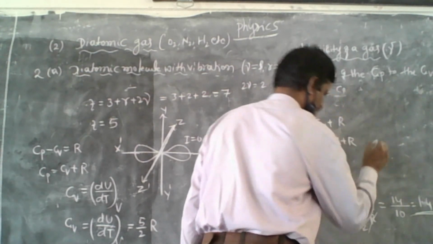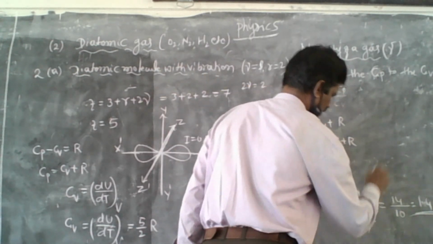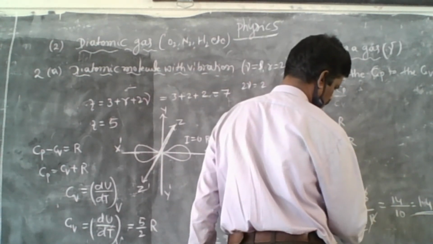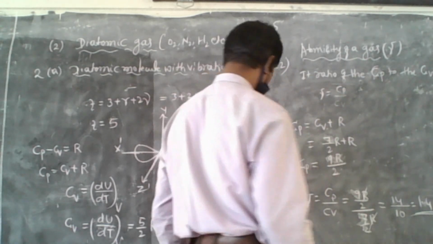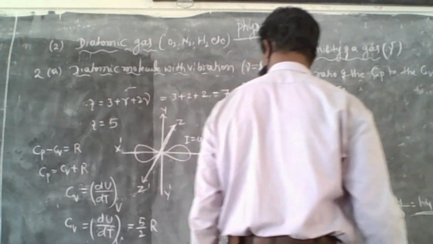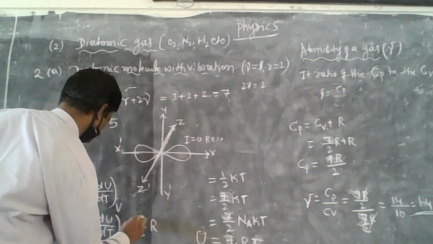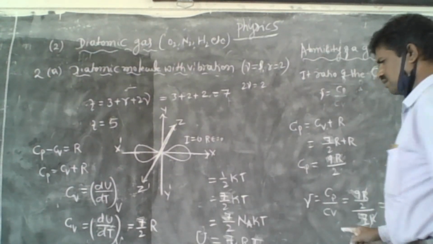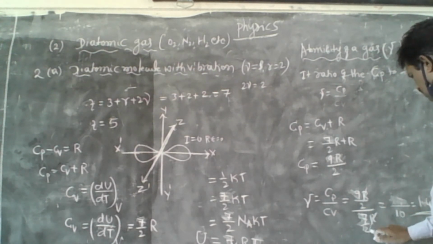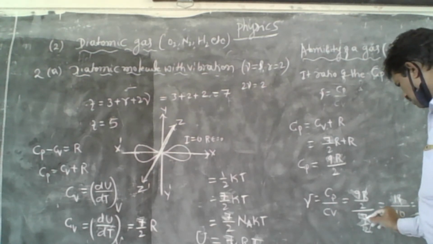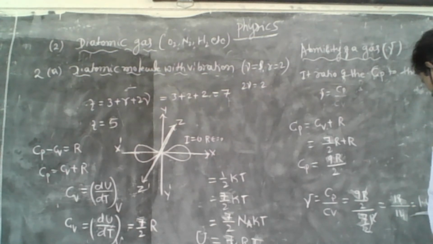Again I will select and paste here: 9R/2 divided by 7/2 R. So R gets cancelled. 2 9s are 18 and 7 2s are 14. 14 ones are 14, and 14 ones are 14.